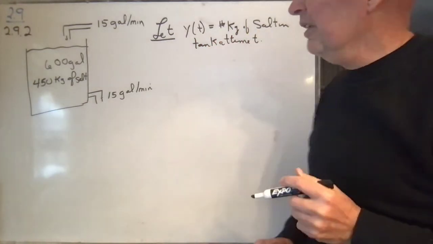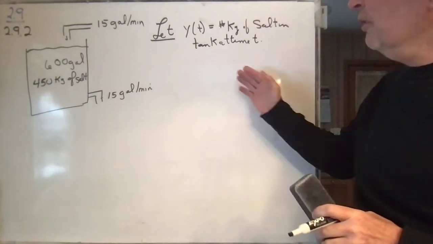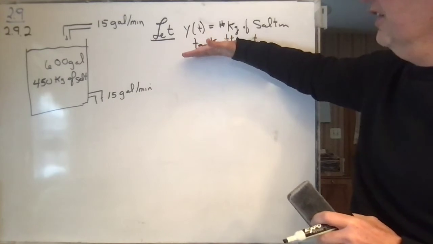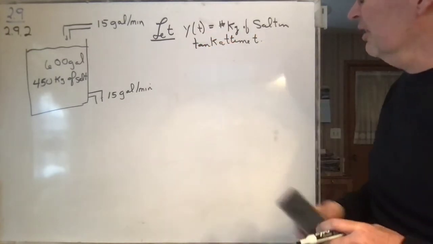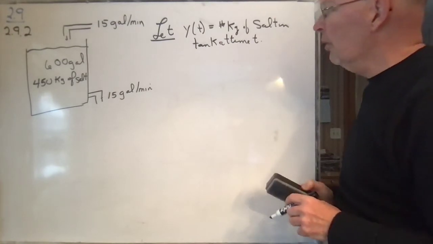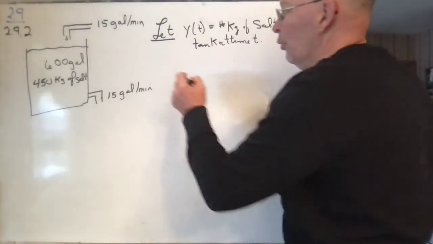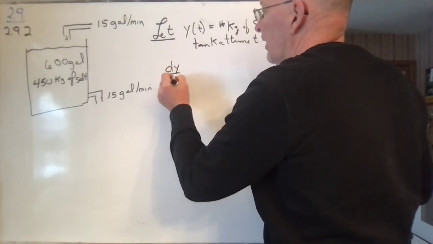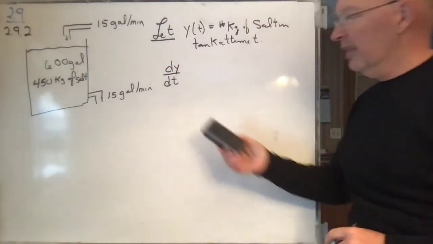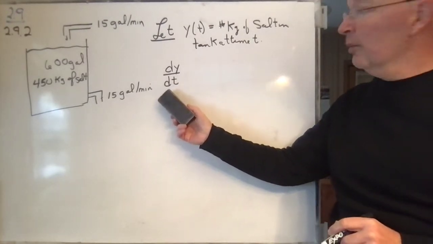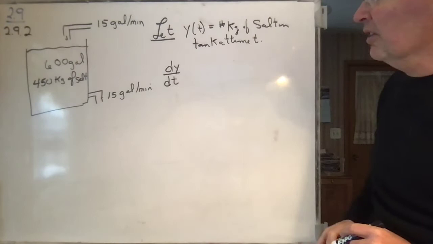Okay, very important that you do that. It's hard enough to do these problems anyway, and unless you have that right staring in your face, it's hard to see exactly how to get started. Once you have that, then you can say, what's the rate at which that salt is changing? That's what dy/dt is, agreed? dy/dt is the rate at which that amount of salt is changing.